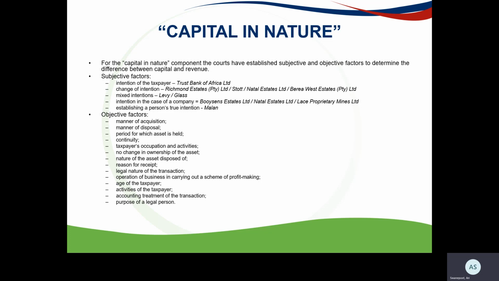Age of the taxpayer, activities of the taxpayer, accounting treatment of the transaction, and the purpose of a legal person. So you must look whether any of these objective factors would apply in the question, and if they do, you must address the ones that do apply in your answer.